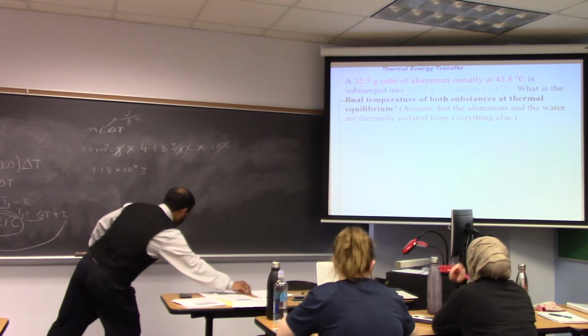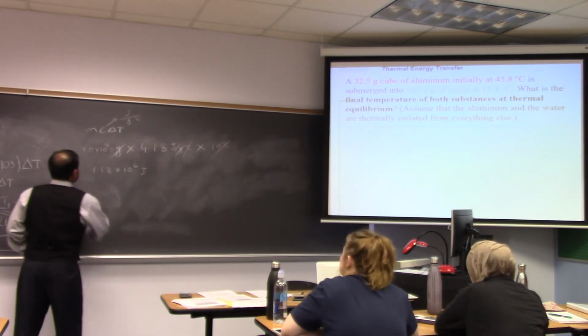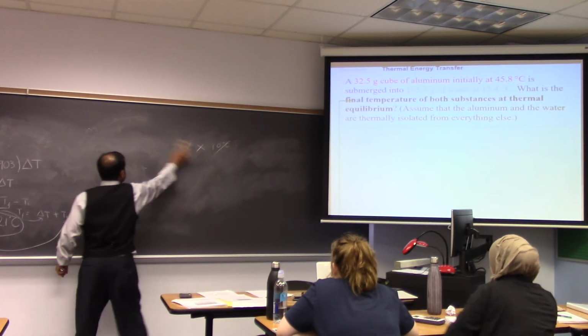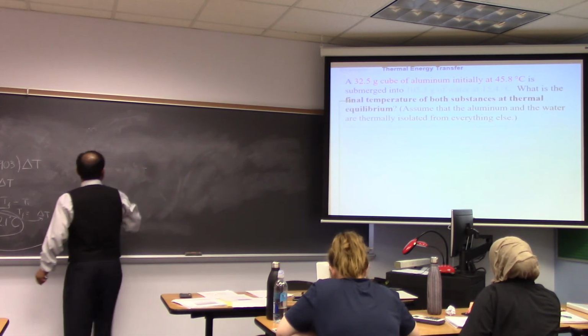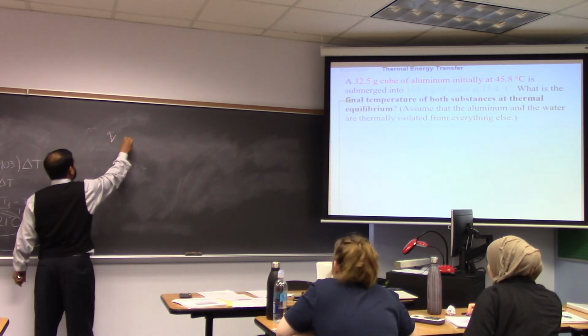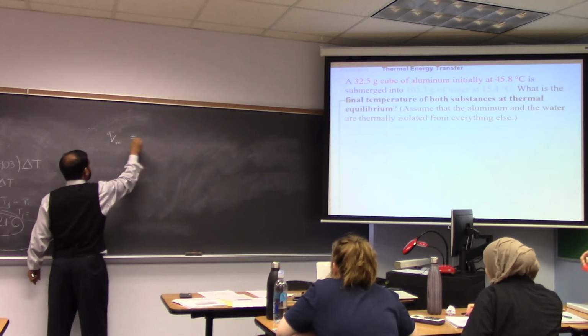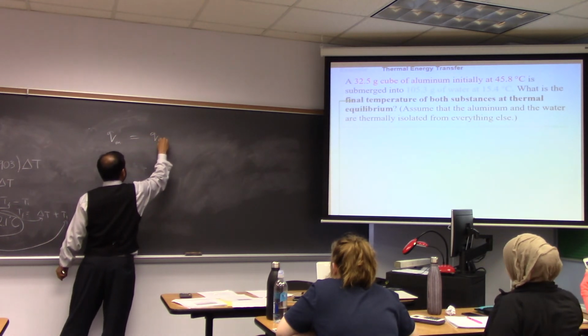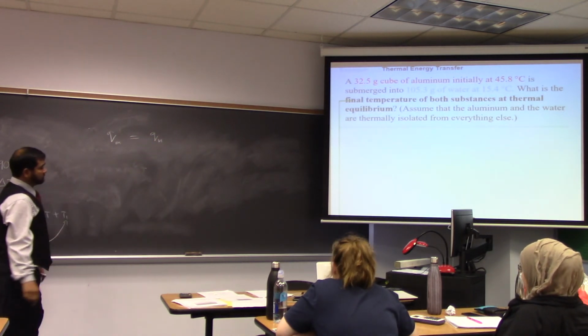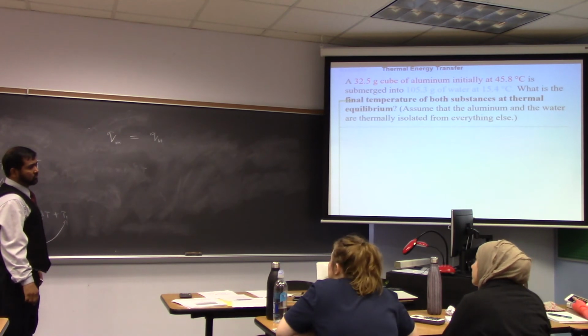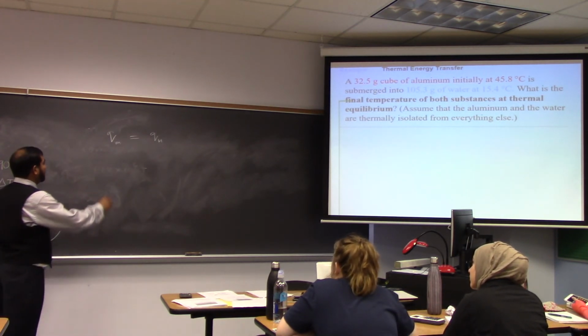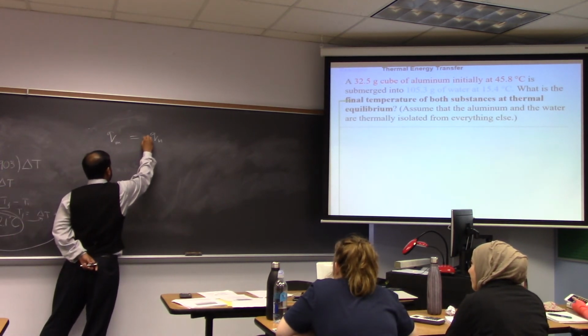Let's solve together. So the formula is Q of metal equal to Q of water. I can do H2O, I can do W. Okay, so it is going to be negative.